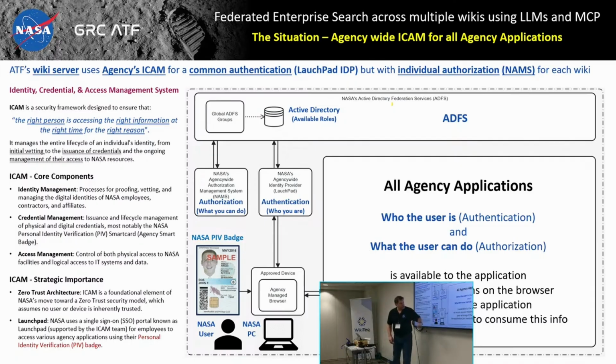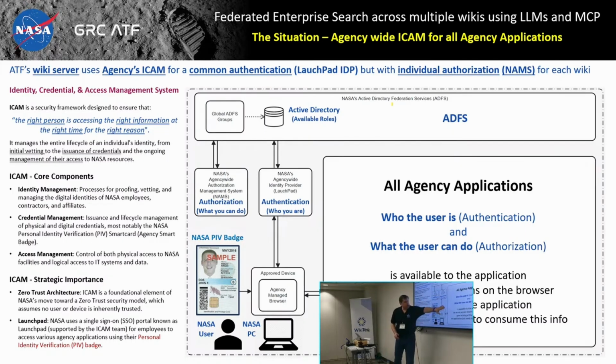You insert that into the laptop. That combination of things allows you to access the machine, and as soon as you log in, the machine now knows who you are as a user for accountability. So now when you go to access some application on the NASA network, it automatically shares the identity that you've logged in with, shares that identity with the authentication service.